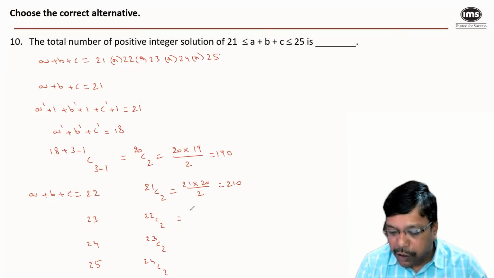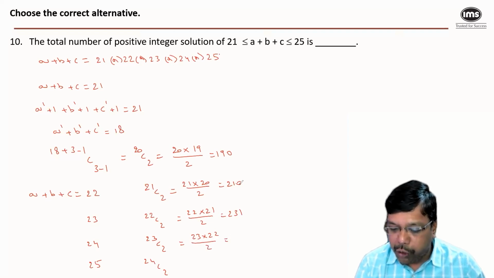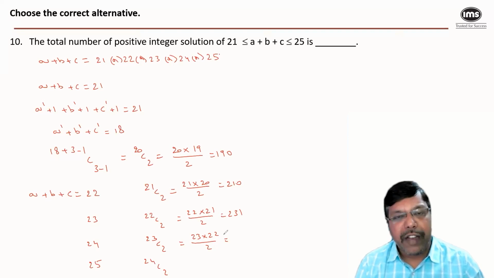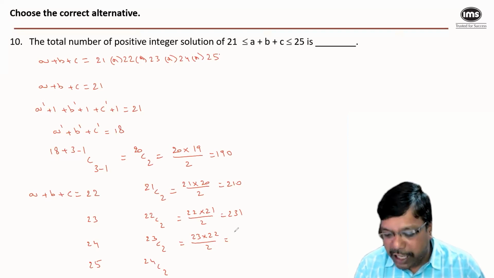Now 22C2 will be equal to 22 × 21 / 2, which is 231. Similarly, 23C2 is 23 × 22 / 2, which is equal to 11 × 23, that is 230 plus 23, which is 253.